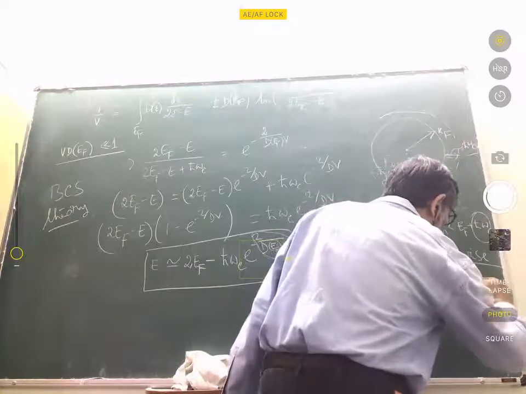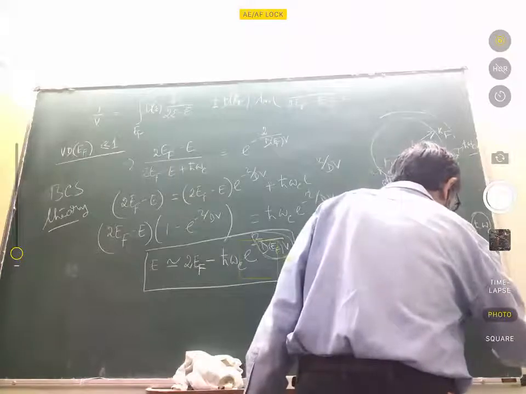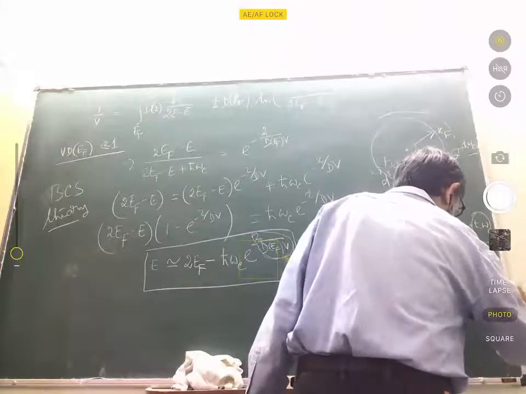So this should be written as E minus twice EF.